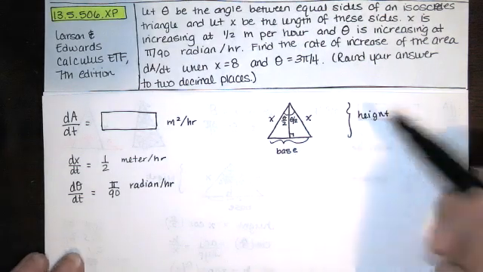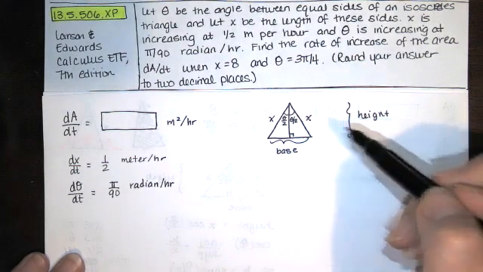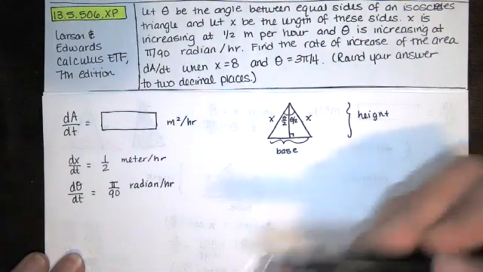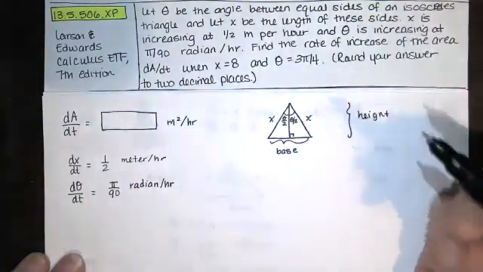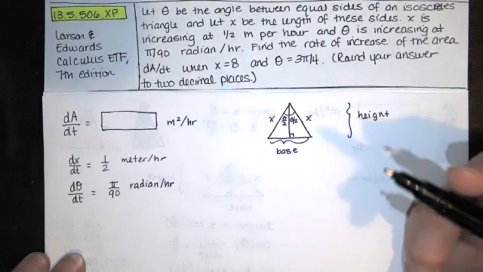And once we have the base and height in terms of x and theta, that's going to be enough to find the area in terms of x and theta. Then we can use Calc 3 methods in order to solve the problem. So let's figure this out from here.